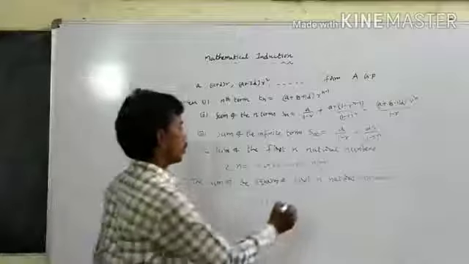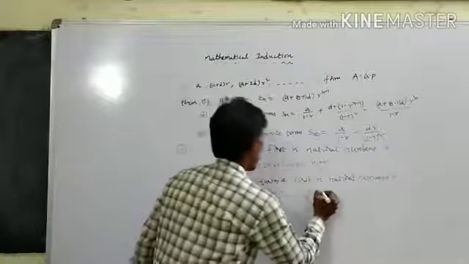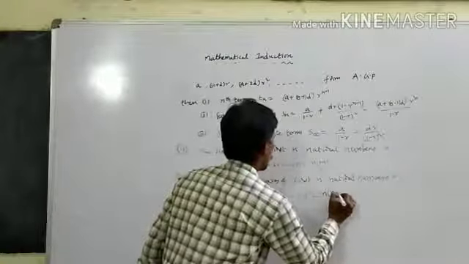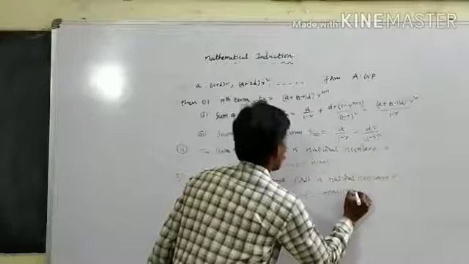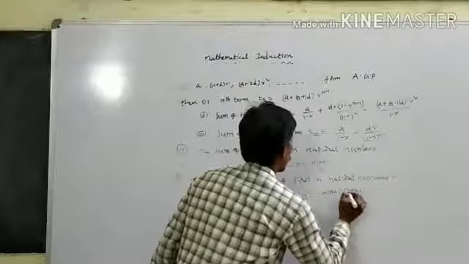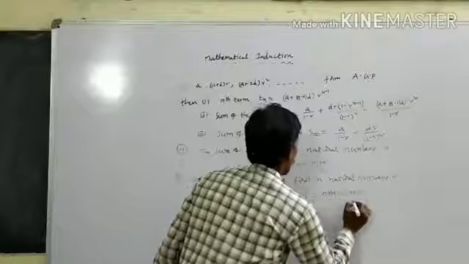That is equal to n into (n plus 1) into (2n plus 1) by 6.